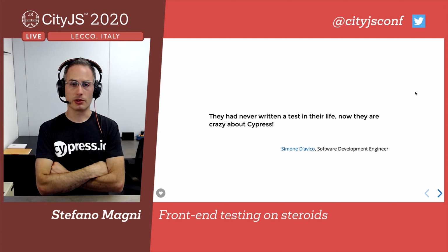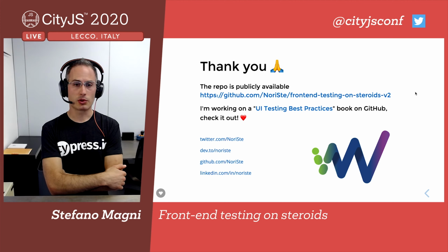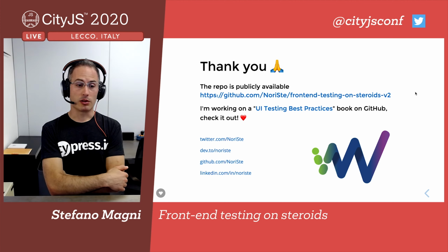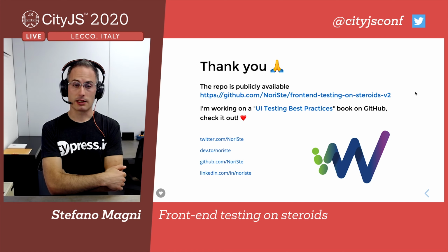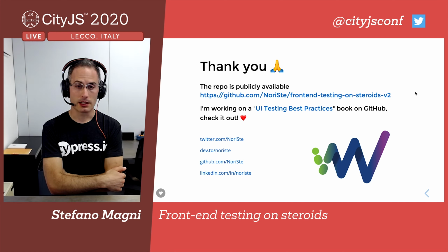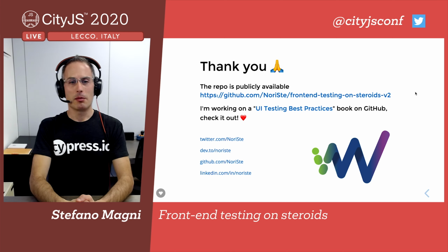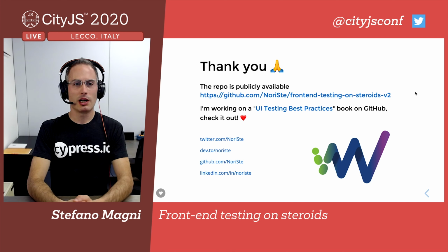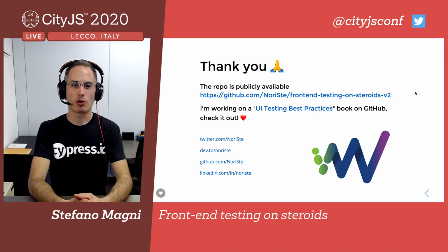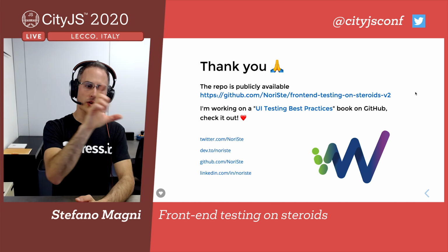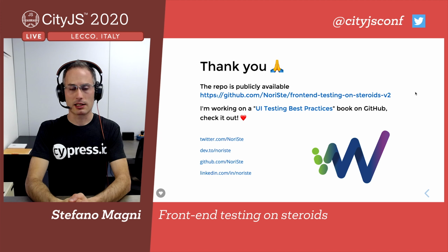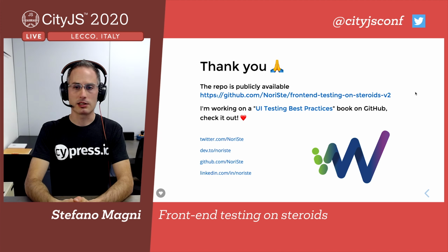And again, I want to show you that I have almost completed writing my book on GitHub about UI testing best practices. When I started studying the topic, I realized that there is a lot of content on the web about UI testing, but you have to mix it and apply a lot of best practices on different tools, etc. So that's why I prepared this book.